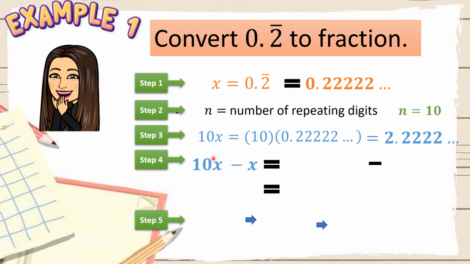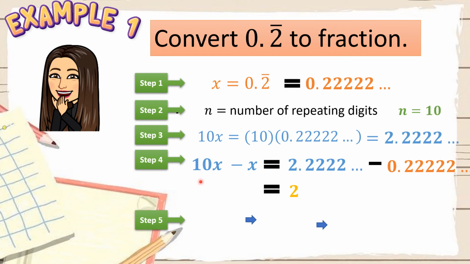That's why we have here 10x minus x. So we have our 10x equal to 2.222 and so on, minus our x equal to 0.222. Again, we are doing this step to eliminate our repeating decimal. So clearly, we have here an answer which is 2.